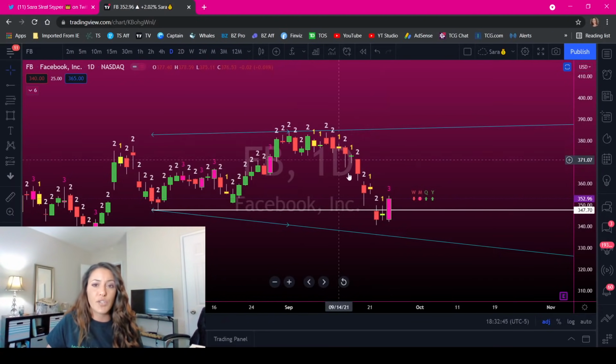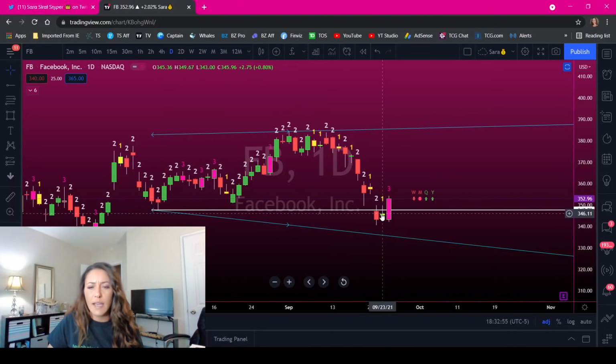But if you were short from in here, knowing your target was 347.70, what could you have done? You could have bought the, what was Friday? 924 puts for 347.50. Here, or here, knowing this was our target.